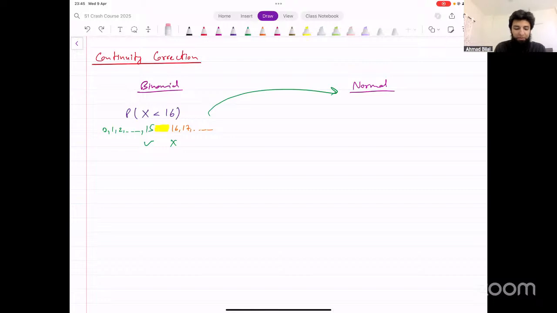So what we do is we break this region into two parts at 15.5. The values that round off to 15, that will be values less than 15.5, will be included. The values that round off to 16 will not be included. That's the overall idea. Now, how exactly are you going to find it? That's the logic, okay? How would you convert it?